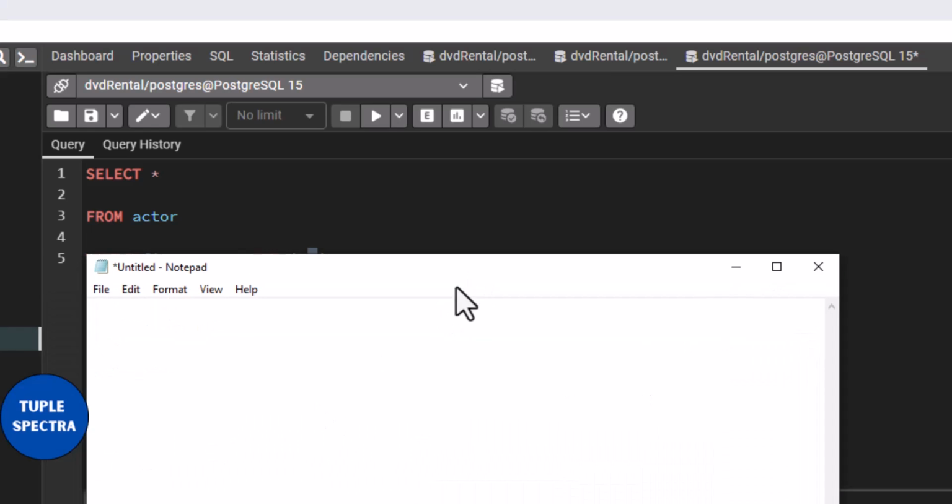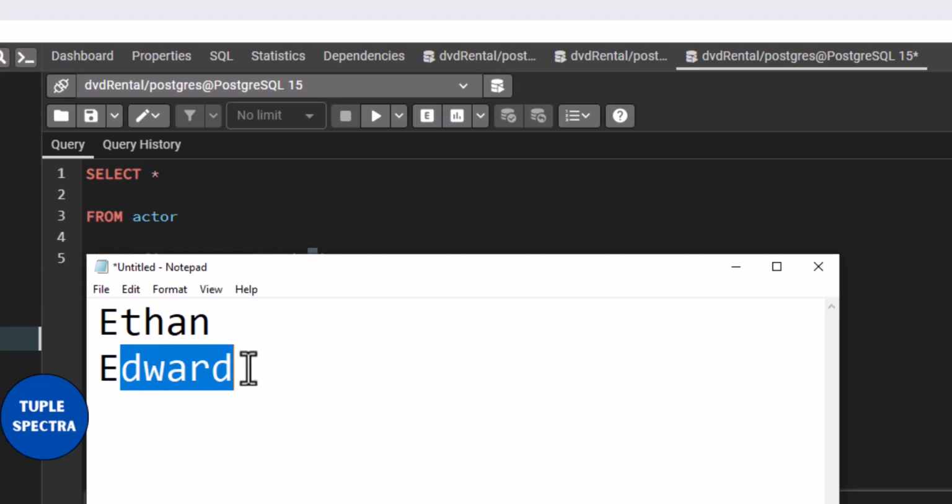Now let us look at some examples of that. Ethan starts with an E and then has one or more characters after that. Another example is Edward. Edward starts with E and then has one or more characters after.